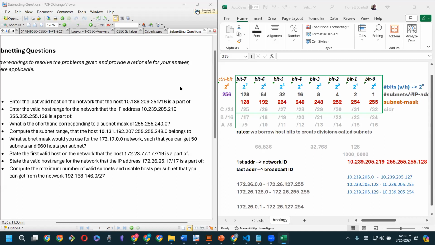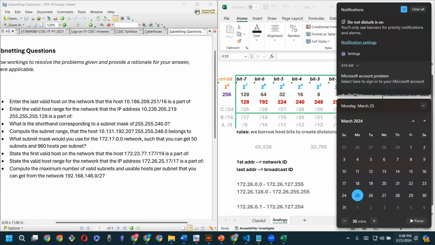Sir, can you give us an idea of when you'll administer test 2? So it won't be next week. It's going to be the weekend of the 6th and the 7th.